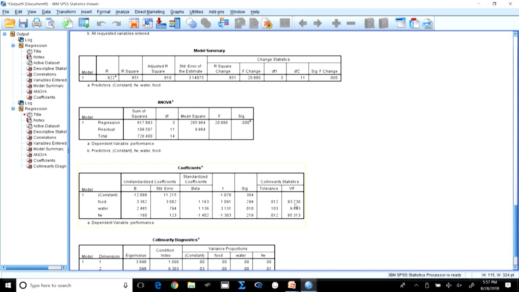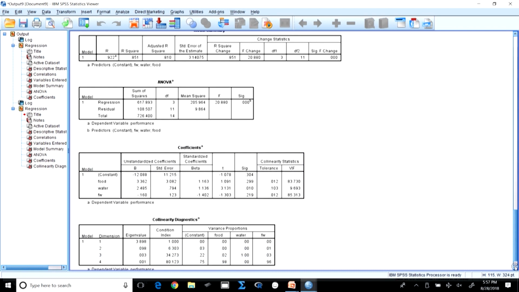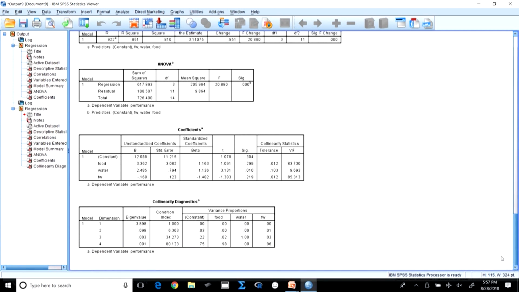So I will remove food. If you look at the coefficients, food has improved; earlier it was in a very bad state, 0.6 something. Now water is significant, and the interaction effect is at the moment not showing any impact.